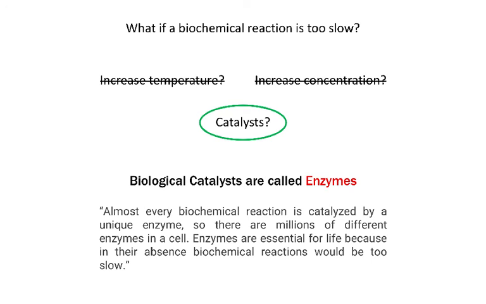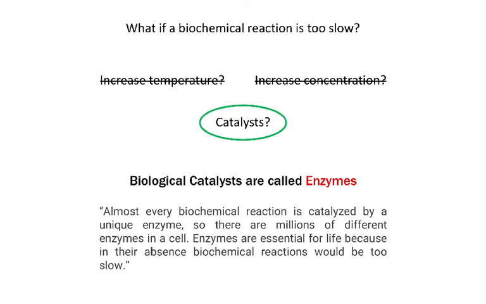And nearly every biochemical reaction is catalyzed by some type of enzyme. And that helps it occur at the proper time scale, right? At an appropriate and required rate. There are, in fact, millions of different enzymes in a cell, and they are essential for life because in their absence, biochemical reactions would be too slow.